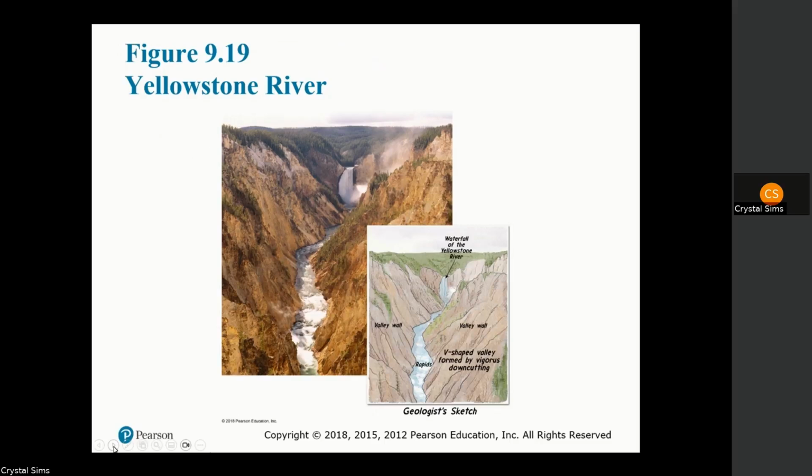And this shows two classic features that we see in a V-shaped valley, and that's rapids and waterfalls. So you can see here in the background, we have the waterfall back here, Yellowstone Falls. And then another feature that we get are rapids.